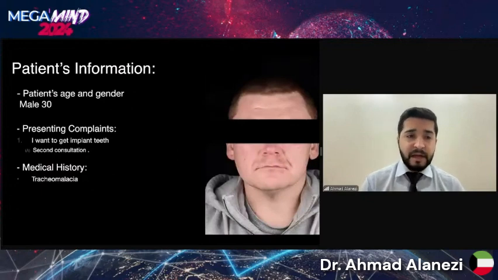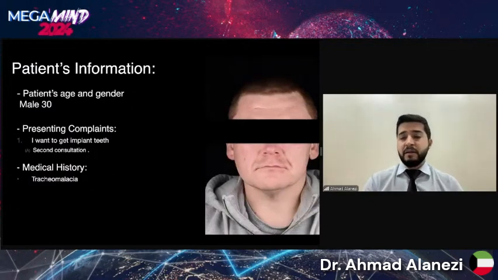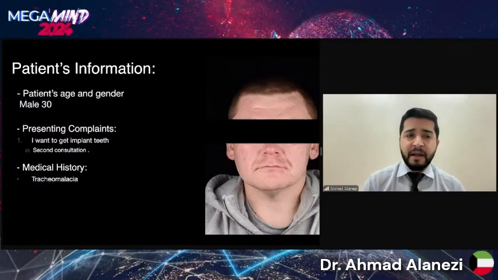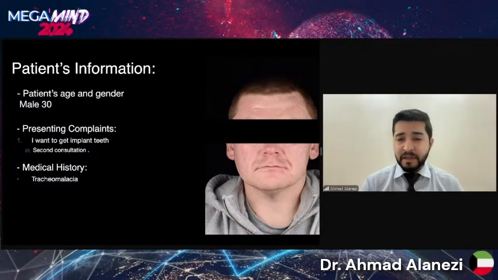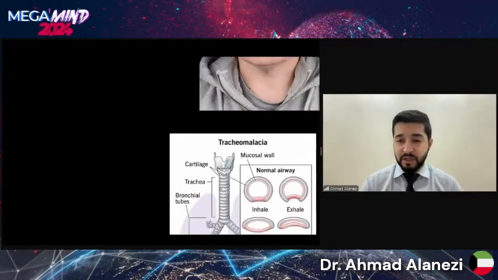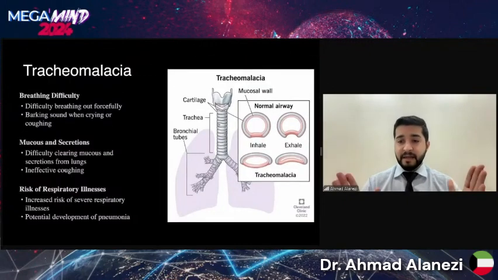This patient came to the clinic looking for a second consultation. He's a male, 30 years old, a relatively young age, and he wants implant teeth. The patient's medical history revealed that he has tracheomalacia, a condition where the trachea is deficient and cannot clear fluid or secretions from the lung.